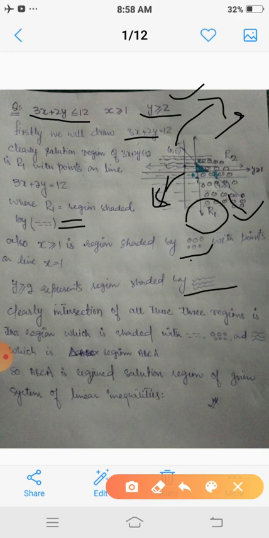So here we have three regions. The common region, or the intersection of all these three regions, is actually this, which is shaded in blue color.